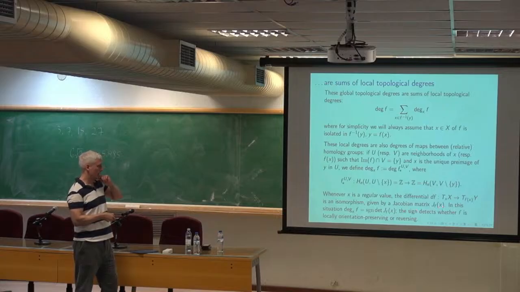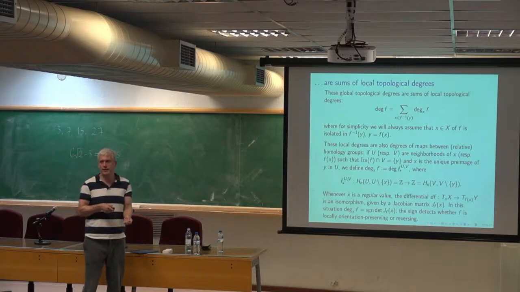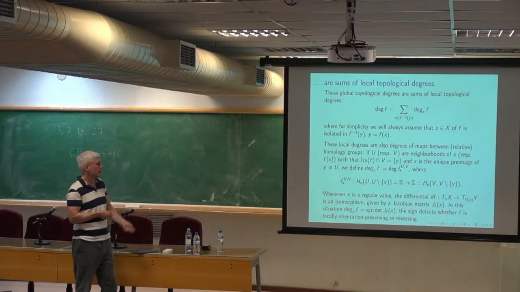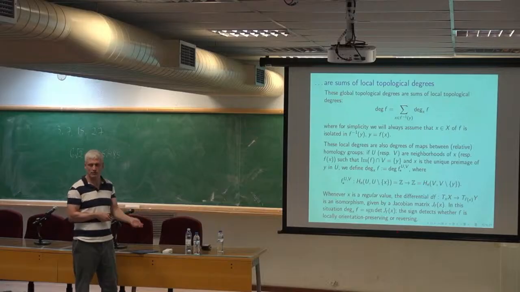The local degree associated with a regular value is just the sign of the determinant of that Jacobian matrix, because the sign detects locally exactly whether your map F is orientation preserving or reversing.